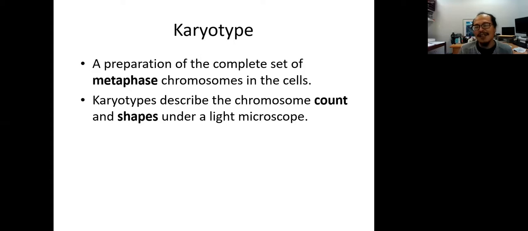So that's the karyotype. So two things you need to know: what is a karyotype, and which stage of the cell you will use to conduct this method. That's right, it's the metaphase.